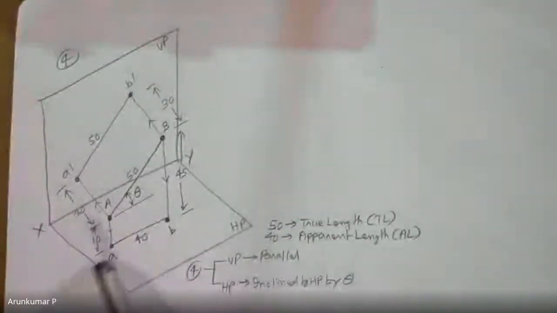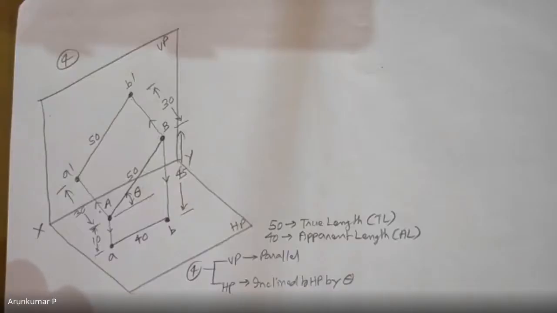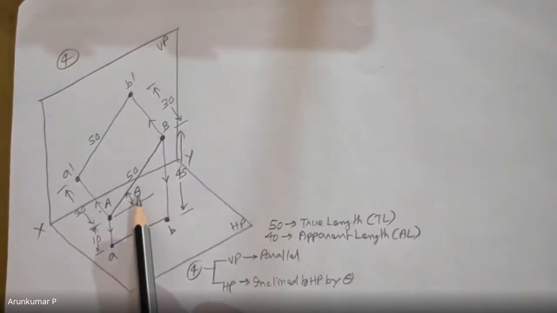Yes, sir. How? So the apparent length is 40 mm. No, I have just given an example. I don't know whether it is exactly 40 or not. It may be 35 also. When you project it, you'll come to know, because this angle is not clear. I have just told theta.